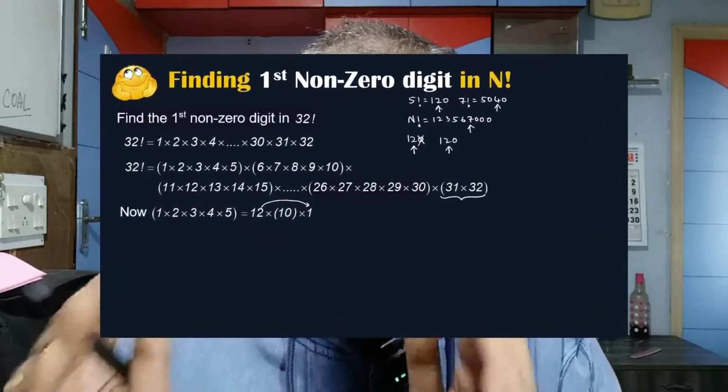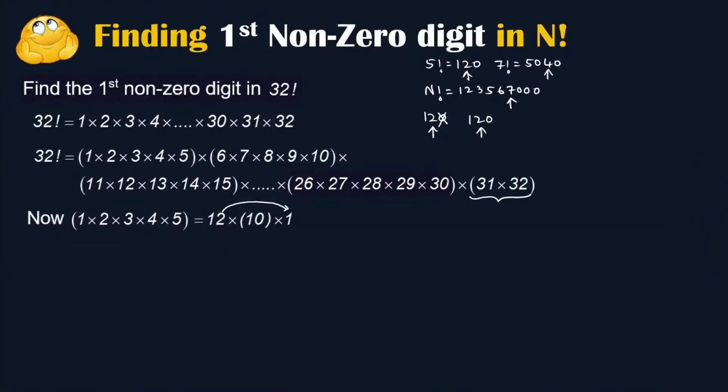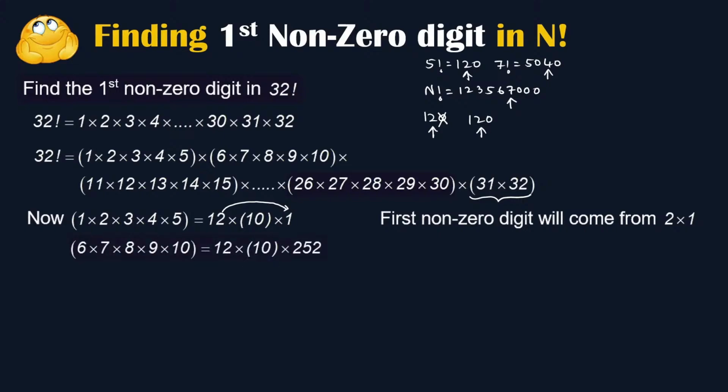Because when 12 is multiplied with 1, you are getting 12. So what is the last digit? The last digit is 2. How did you get it? You got it when 2 is multiplied with 1. Is it clear? So in the first bracket our first non-zero digit will come when 2 is multiplied with 1. Let us consider the second bracket.